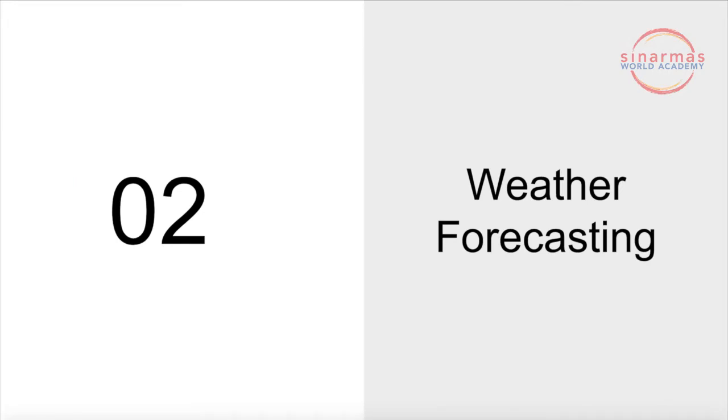The real life example I'll be talking about is weather forecasting. Weather forecasting is a very important thing in life, since sometimes we need to predict the weather so that we can do some activities, especially outdoor activities. So how is probability used in weather forecasting?